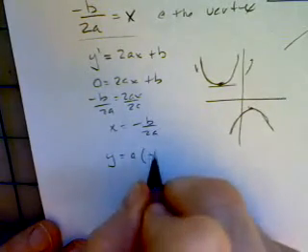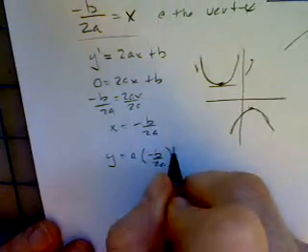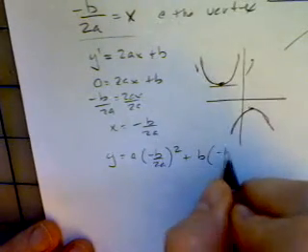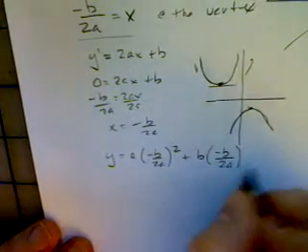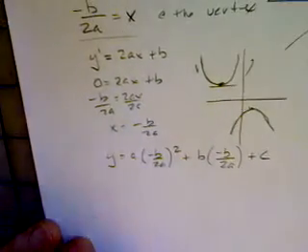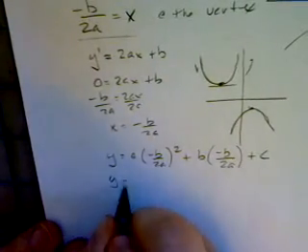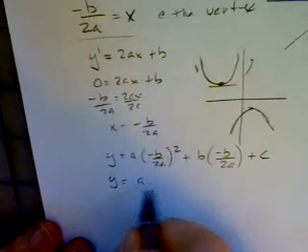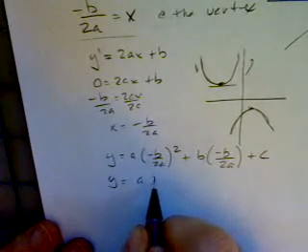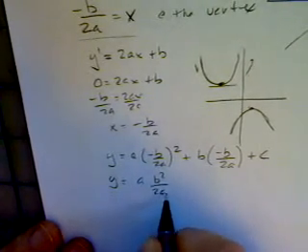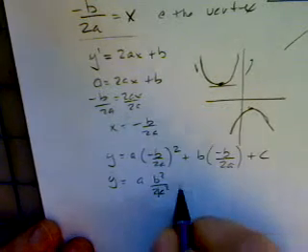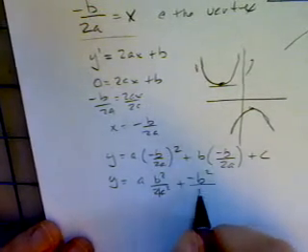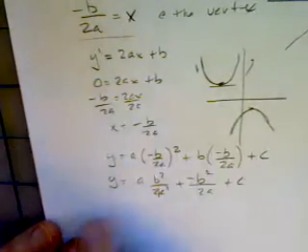So that's a times negative b over 2a squared plus b times negative b over 2a plus c. This is going to equal a b squared over 4a squared plus negative b squared over 2a plus c.